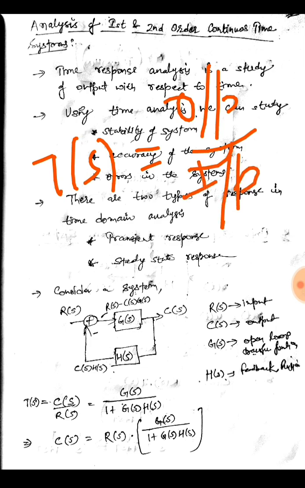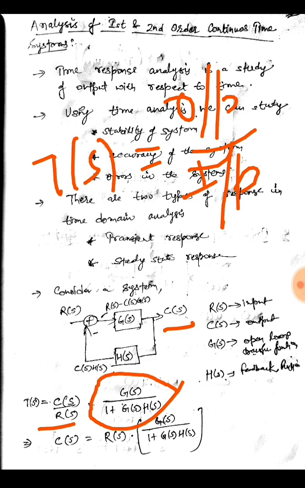So in this case the transfer function would be C(s) divided by R(s), which is G(s) upon 1 plus G(s)H(s), for the negative feedback case. Here G(s) is the open loop transfer function if there was no feedback, and H(s) is the feedback function.